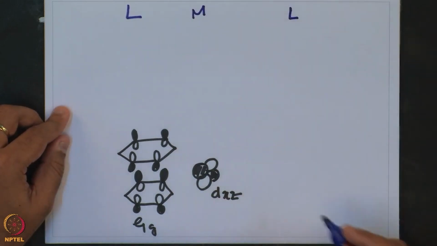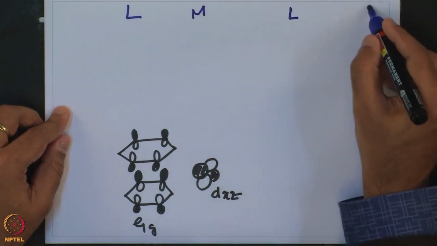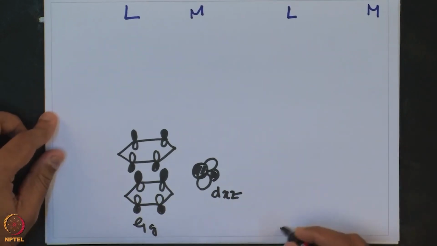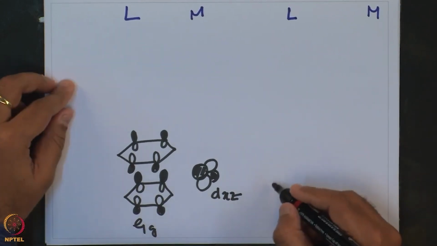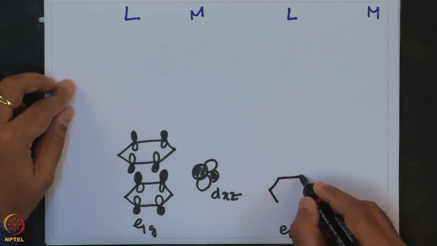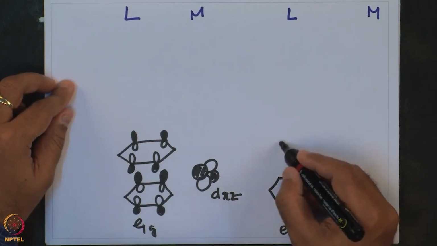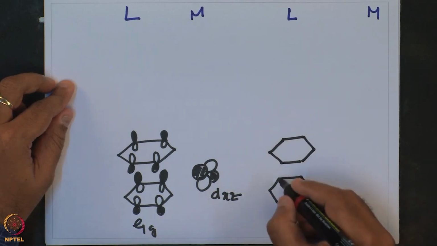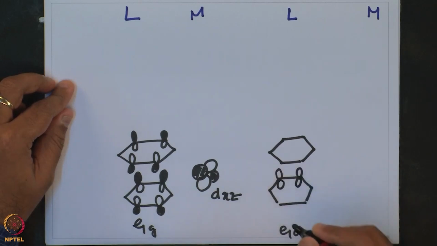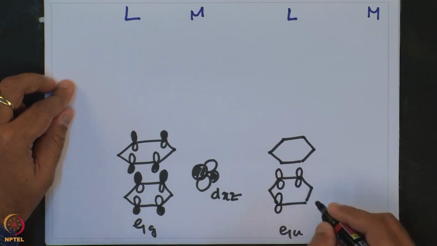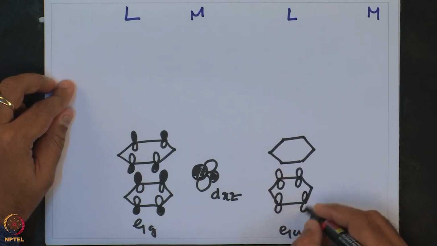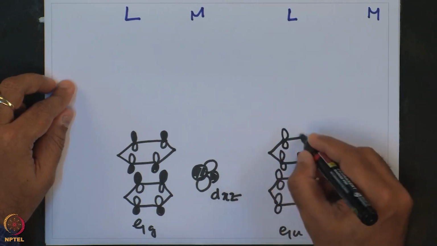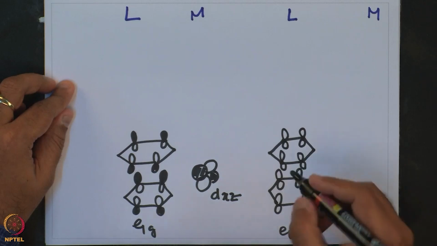The other ligand orbital combination would be E1U, which would again have the following combinations of orbitals.